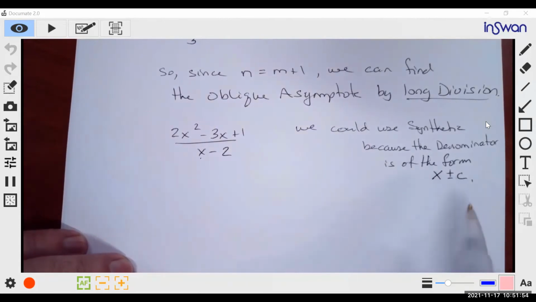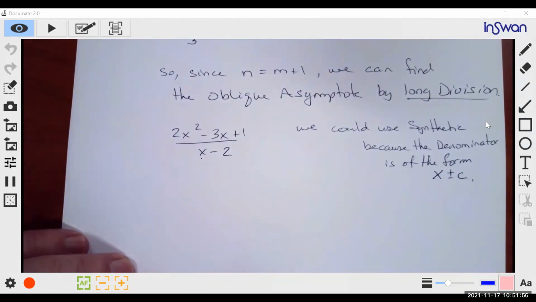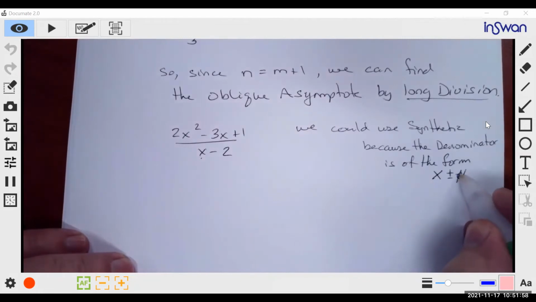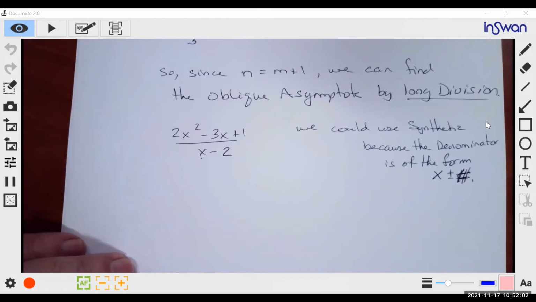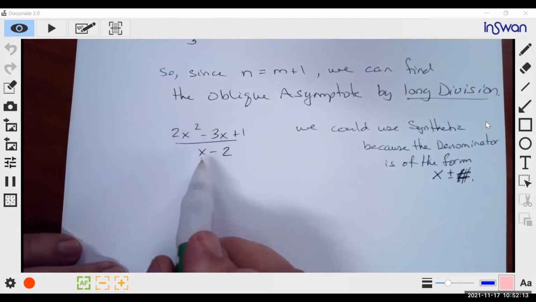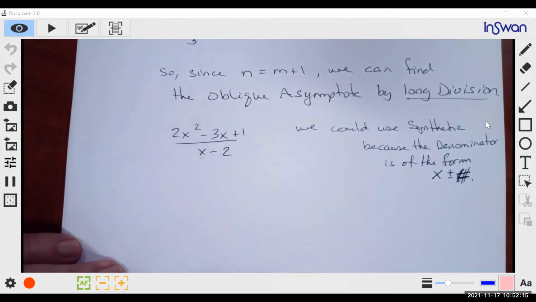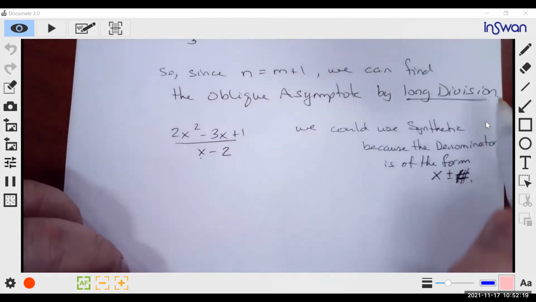It's of the form x plus or minus a number. But what if this was 2x to the 5th, x to the 4th? We couldn't use synthetic anymore. We had to use long division. So get used to using long division.